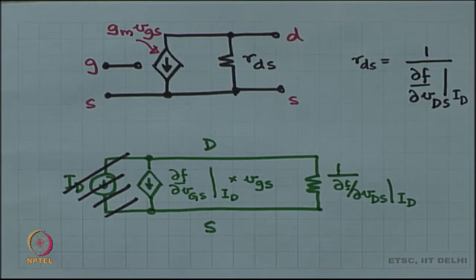That is the value of RDS. Some people write it as a conductance, in which case they will write it as GDS, that is okay. R and G, you have to do that 1 by on the fly.